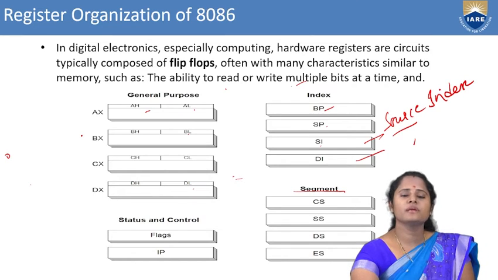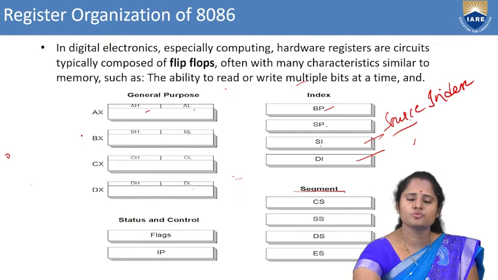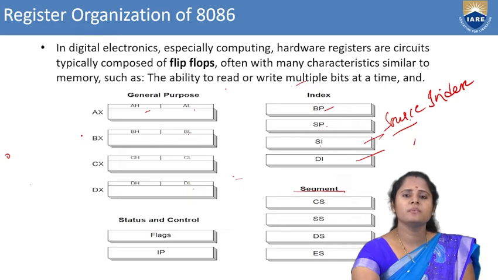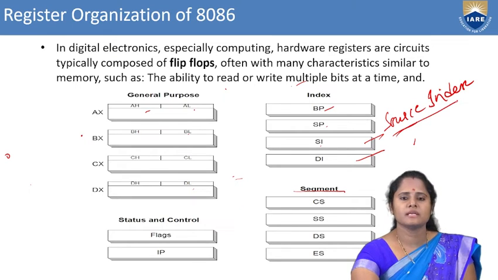If I need to give some string of data, I need to assign that memory location to source index. Source is nothing but, if you want to give data into a memory location, you can assign that memory location into the source index.